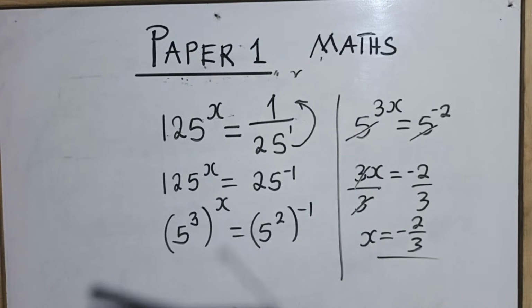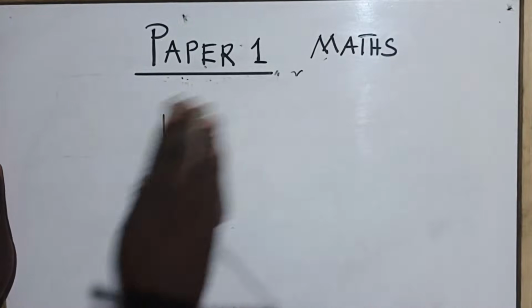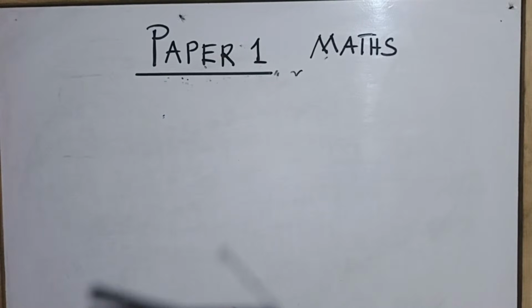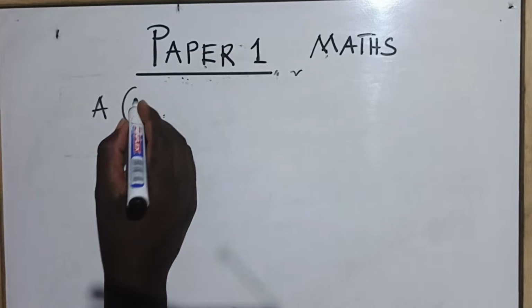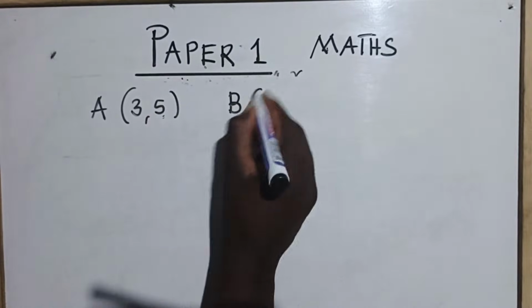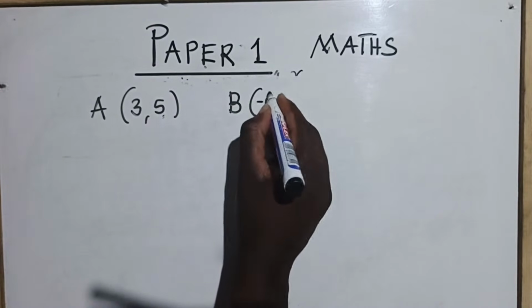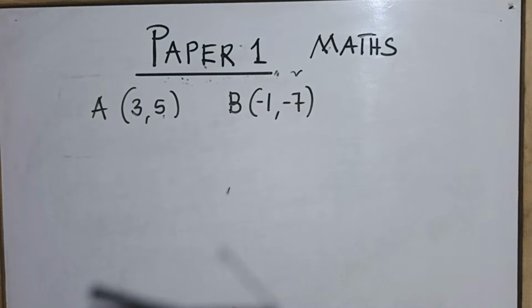We go to another question. So the next question here, they're talking about finding the midpoint. They've given us the coordinates. Coordinates for A are 3, 5, while B is -1, -7. So these are the coordinates we've been given, and they are saying we find the midpoint between these 2 points.